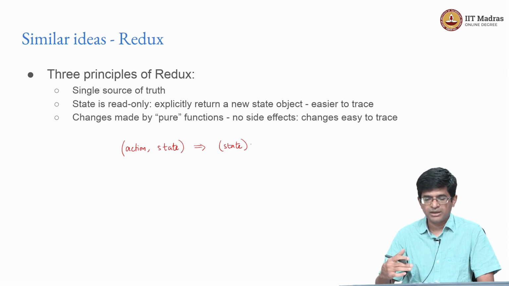Now, why are we going to all of these efforts? It's primarily because these restrictions allow you to reason more clearly about what can and cannot happen within such a framework. So Redux is another very popular framework, used primarily for React, but there are similar things for other languages as well.